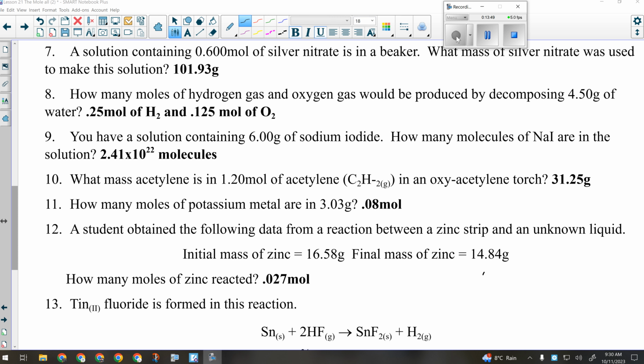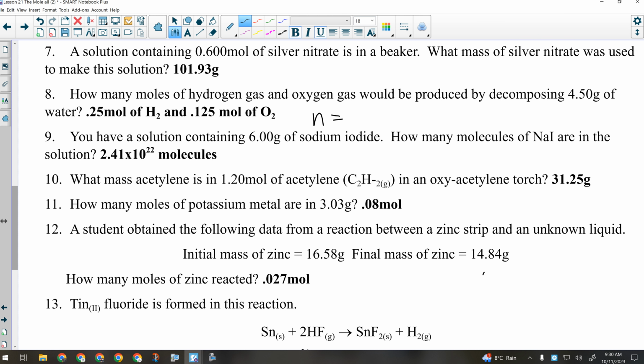So for number 8 here, we know that we start out with 4.5 grams of water. Everybody with me on that? So can I figure out how many moles of water I have to begin with? That's what I want to start with.